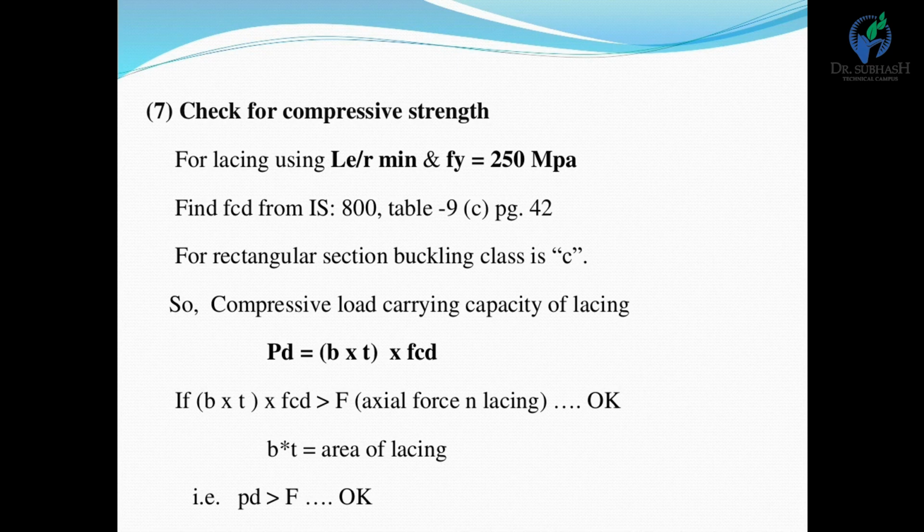B multiplied by T is the area of lacing. So PD should be greater than F, then your lacing design is okay. In this step we check whether the compressive strength of the lacing is okay or not.